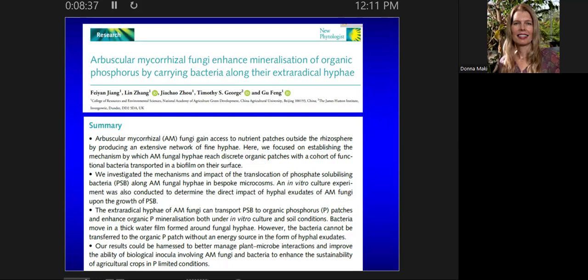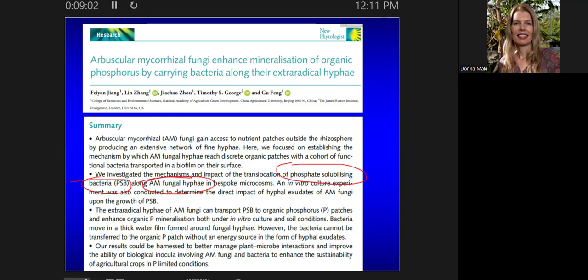And so mycorrhizal fungi, again, they dropped the V off here. I don't like that. Keep the V, it's easier to say. So the VAM fungi were gaining access to nutrient patches. And here they're looking at phosphate solubilizing bacteria and the fungi in bespoke microcosms.